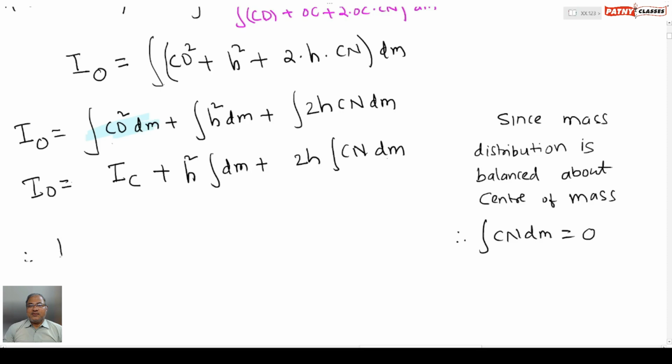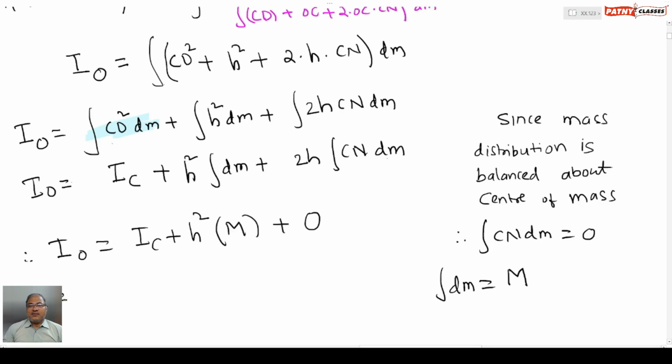Therefore, I naught equals IC plus H square, and integration of dm is nothing but the entire mass of the given body. Therefore, H square multiplied by m plus 0 implies I naught equals IC plus m multiplied by square of distance.